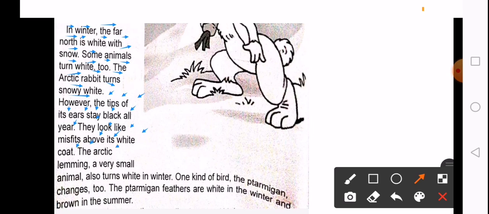The Arctic lemming, a very small animal, also turns white in winter. One kind of bird, the ptarmigan, has feathers that are white in the winter and brown in the summer.